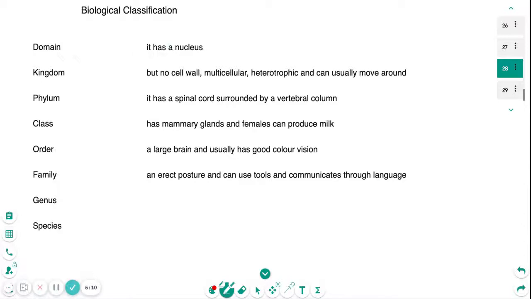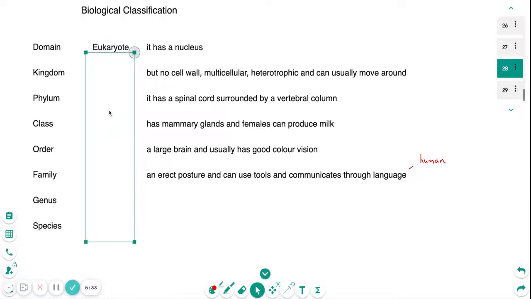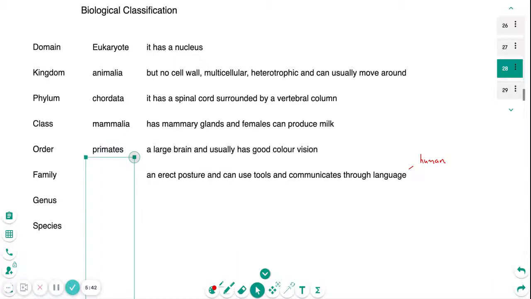So you can see as we go down from, and we'll talk about domain in a minute, as we go down from kingdom, phylum, class, the information is getting much more specific. This sounds like it could be a human, and you'd be right to think that. So far, we've gone from the kingdom being animal, the phylum being the chordata, the class being Mammalia, the order being the primates, and now we're in a family called the Hominidae, which is a kind of human-like family.